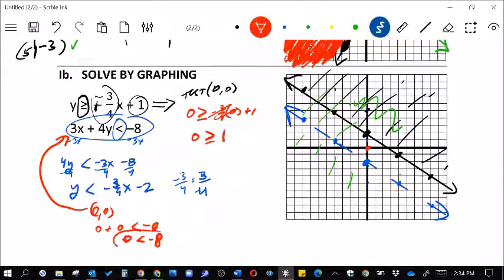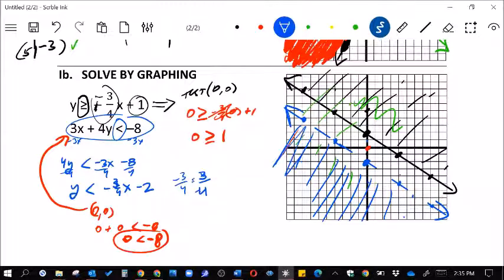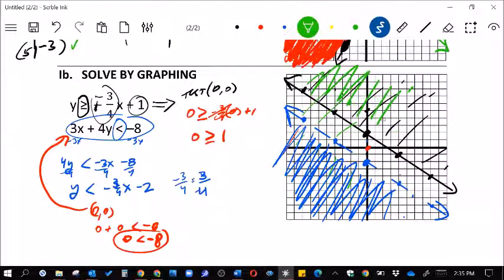That is not true. 0 is larger than negative 8, just like negative 4 or negative 5 is larger than negative 8. So that means that the side here is not, so we have to shade over here. And that means that there is no place where they actually connect. There's no solution to it.